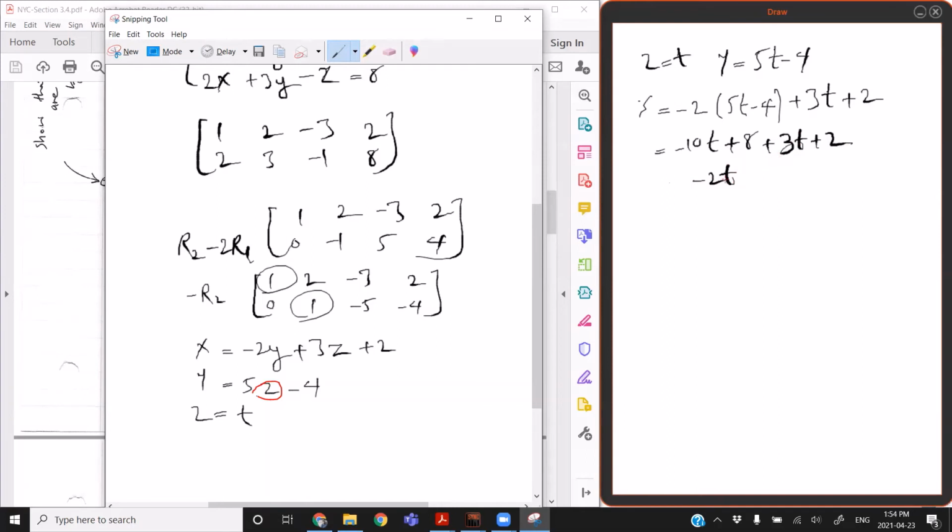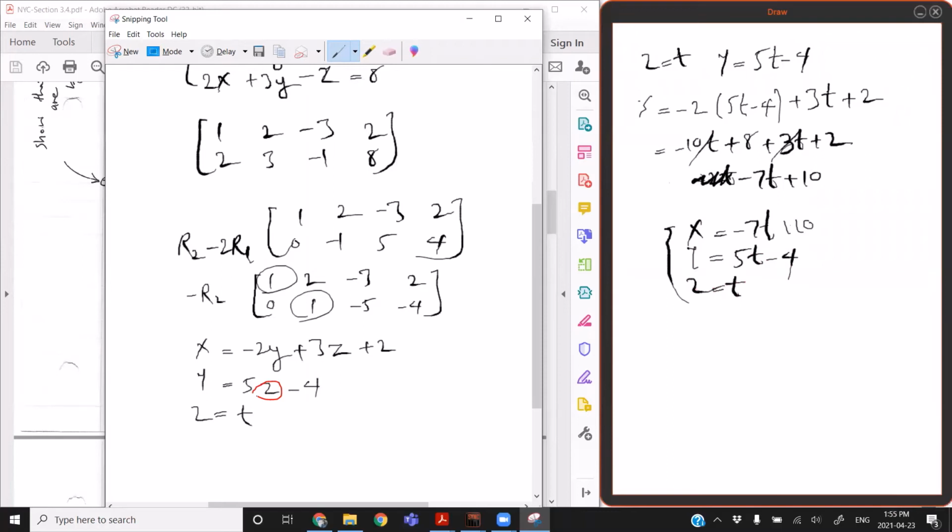Nope, it's supposed to be minus 7t plus 10. So the parametric solution becomes x is minus 7t plus 10, y is 5t minus 4, and z is just t.